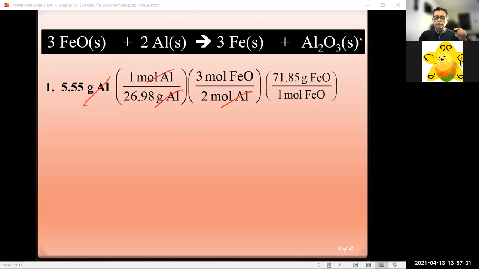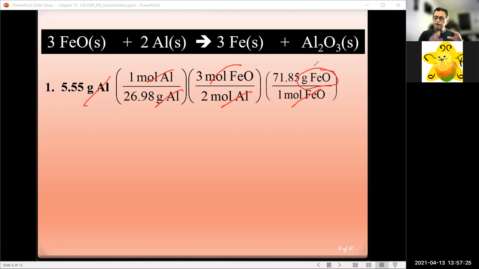And then along the line, keeping track of your units, that's what we're looking for unit wise. We're looking for grams of iron 2 oxide. And here, if you recall, I stated that you're going to use at the minimum 3 conversion factors. And here we are.